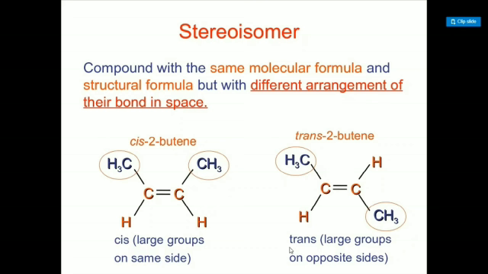But you can see the position of methyl CH3 group are not same in both the figure. In one, both the methyl group are in the same side, but in another these are in the opposite side. This is called trans-butene and first one is called cis-butene.